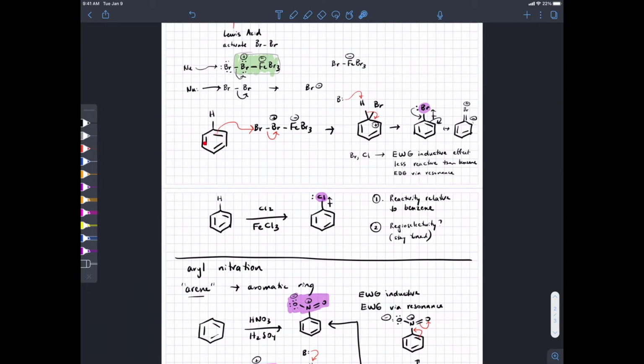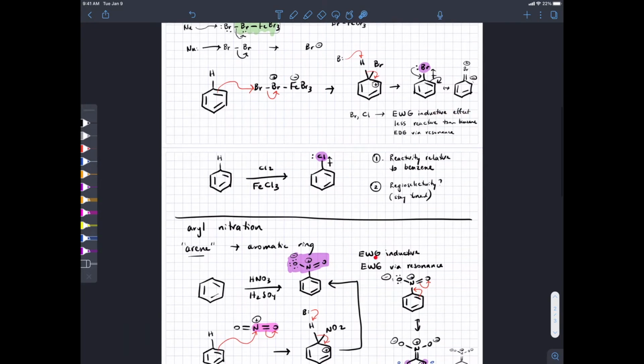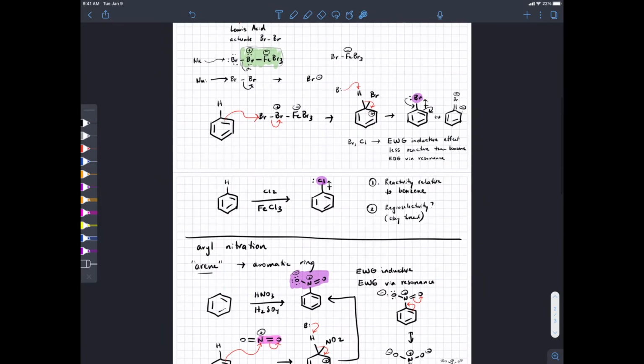So if you make the ring less electron rich, you're going to slow down the reaction. For bromo, chloro, and nitro, you've got this withdrawing effect. For bromo and chloro, it's due to their electronegativity. For nitro, it's due both to its electronegativity and the resonance effect. But that tends to make the ring less reactive because it's less electron rich.